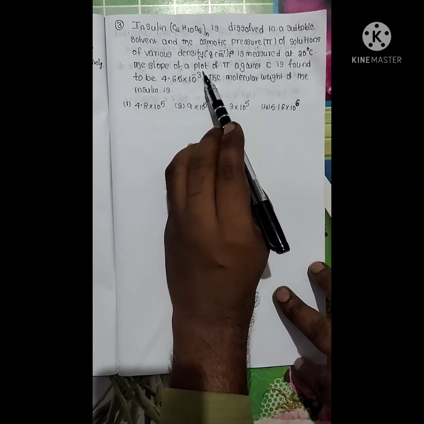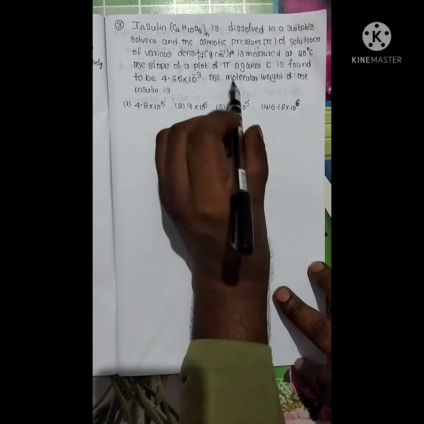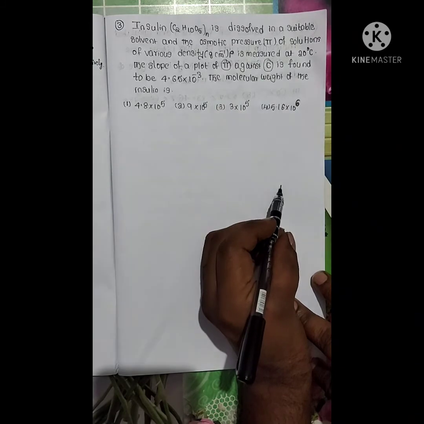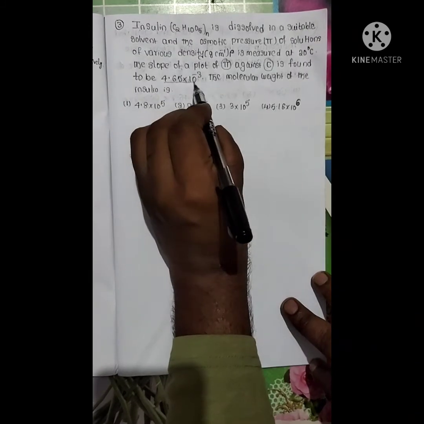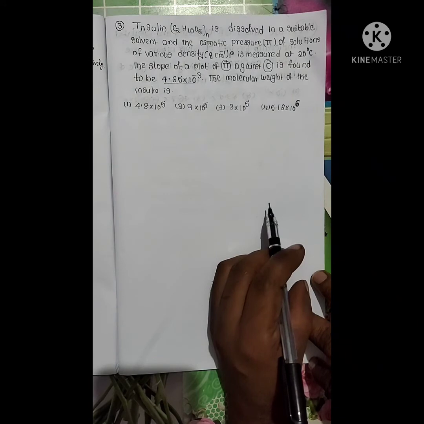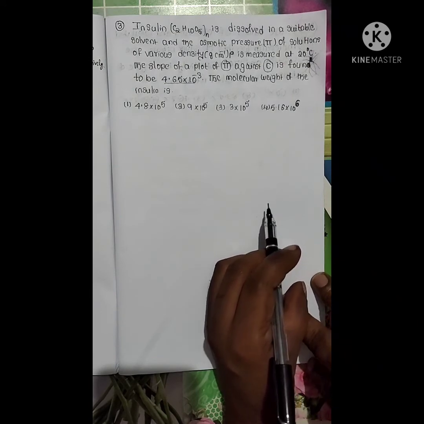The slope of a plot of pi against C is found to be 4.65 into 10 to the power of minus 3. The molecular weight of insulin is?